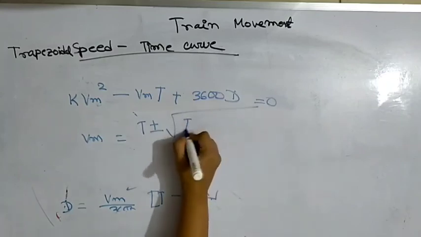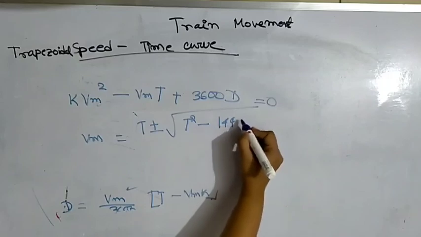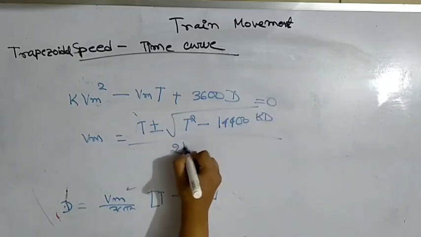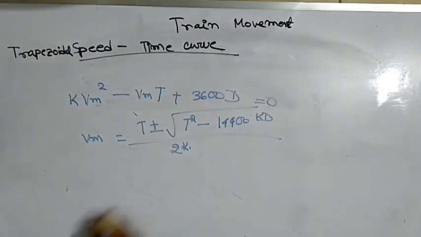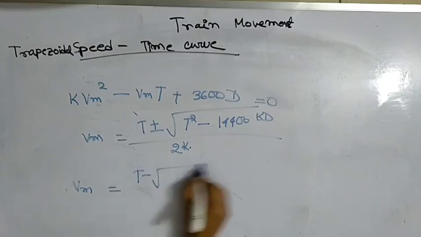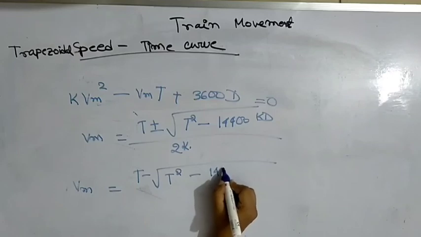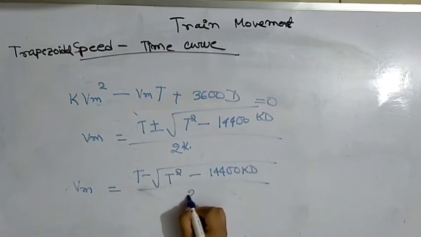This is equal to T plus or minus the root of T squared minus 14400 K D, all by 2K. Now the positive sign gives a very much higher value of Vm, which is not possible in practice, hence the negative sign is adopted. So the final value of Vm is T minus the root of T squared minus 14400 K D, by 2K.